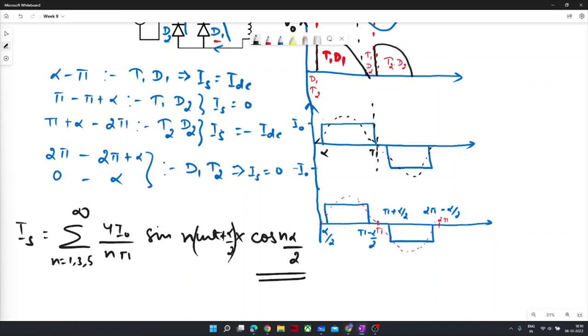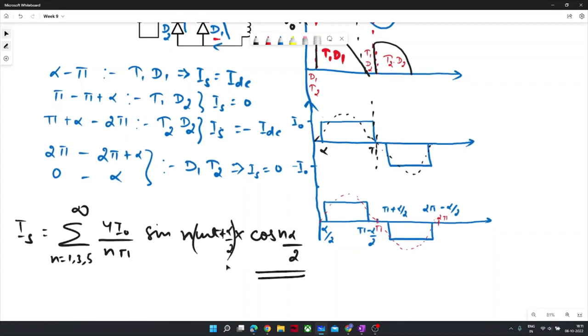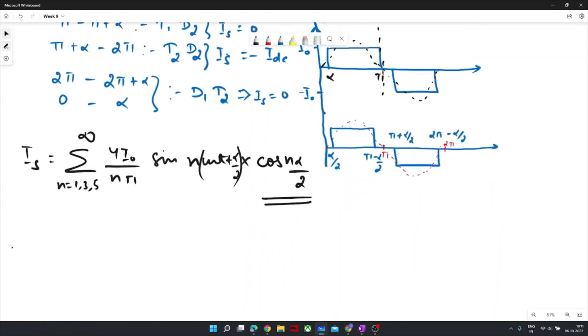Now I can calculate IS1 from this expression easily. IS1 will be equal to 4 I naught by pi cos alpha by 2, and this will be the magnitude, and sine n omega t plus alpha by 2 would be its angle.